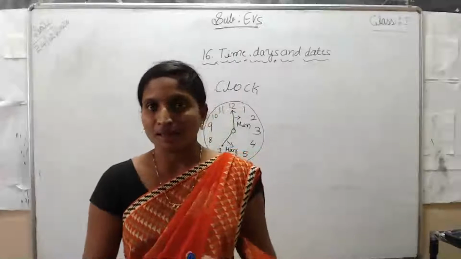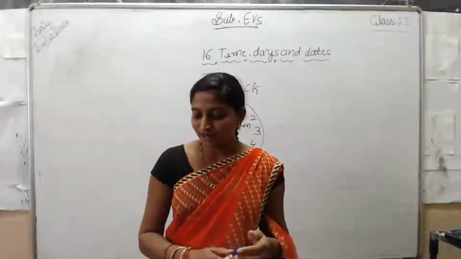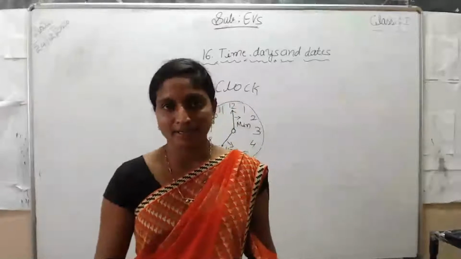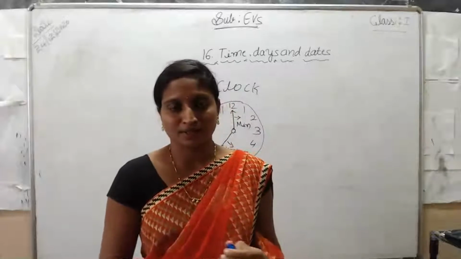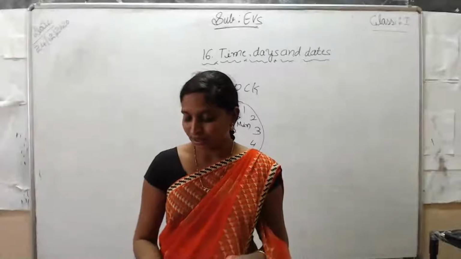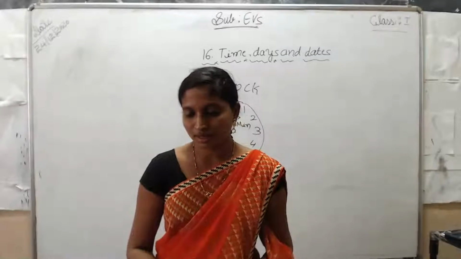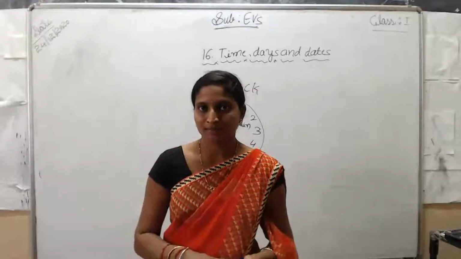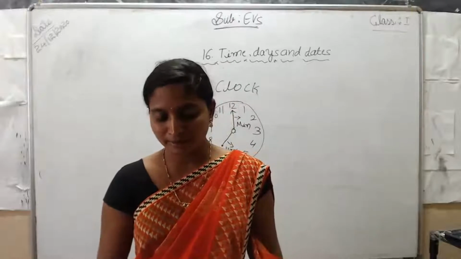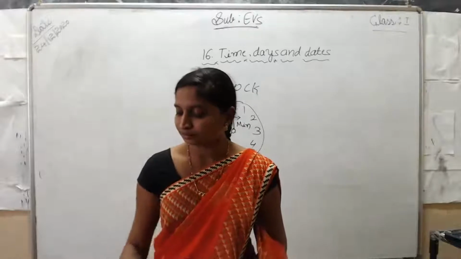In 1 year, how many days? 365 days in the 1 year. Now which year, see students? 2020. The next upcoming year will be 2021.